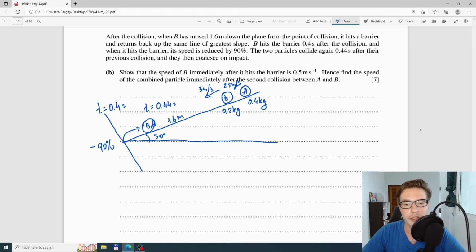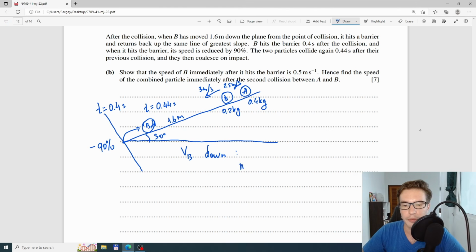Okay, but before that, let's find velocity of B before it hits the barrier. I'm going to call it velocity B down the slope. Okay, for that, I'm going to use the law of conservation of energy. So energy on top of the plane must be equal to the energy right before the collision with the barrier.